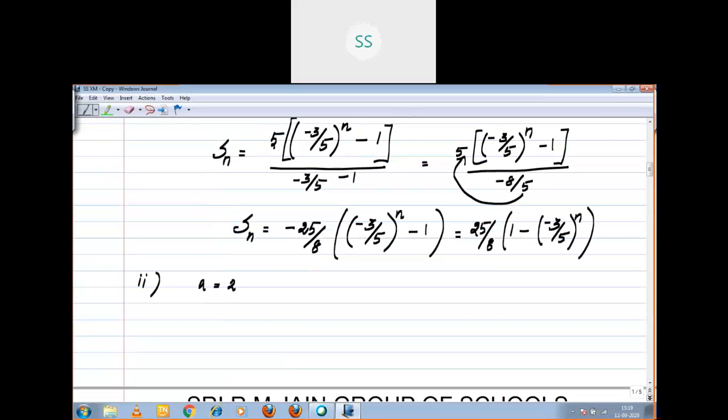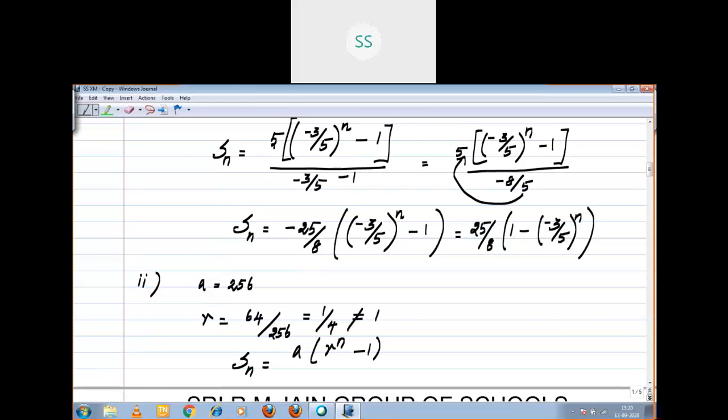What is the second subdivision? A equal to 256. Given: 256, 64, 16, and so on. R equal to second term divided by first term, which is 64 divided by 256, equal to 1 by 4.